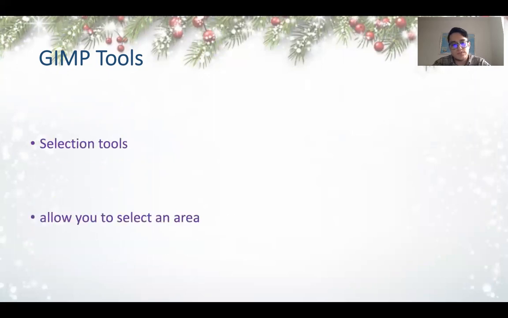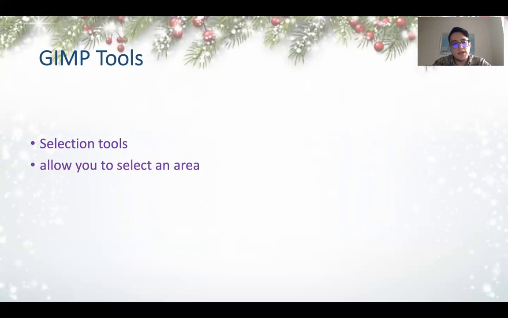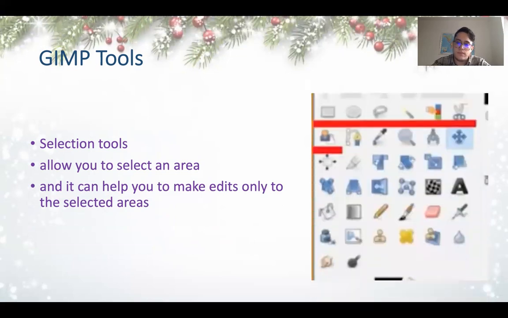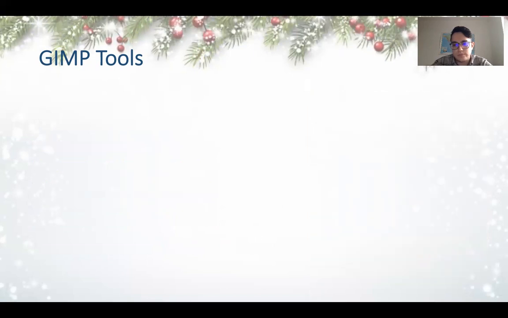Selection tools allow you to select an area and help you make edits only to selected areas. So these are all the selection tools that you might need through the process of editing photos and making projects.